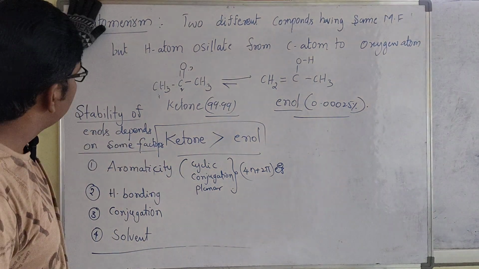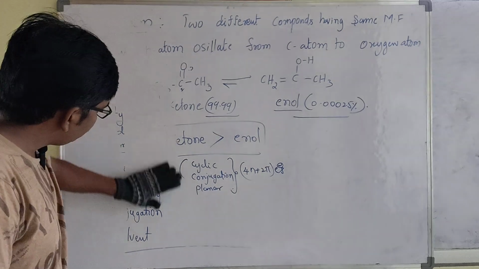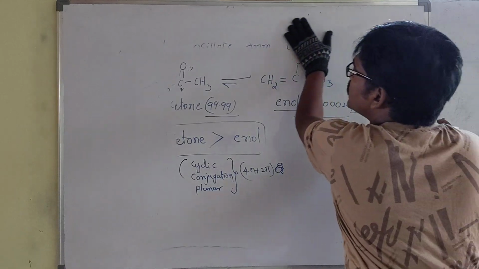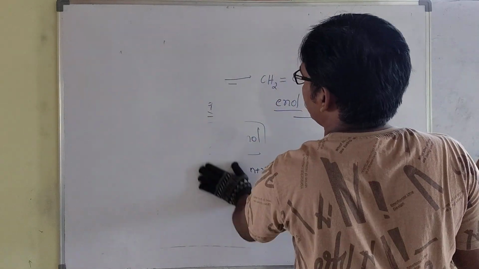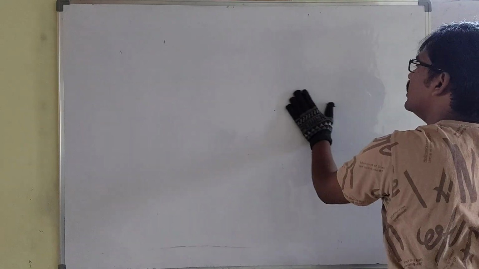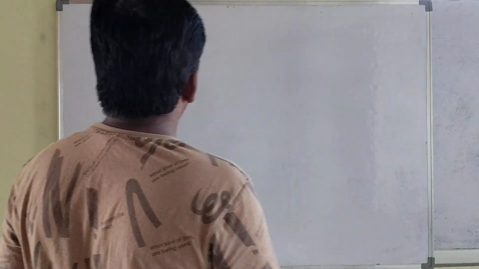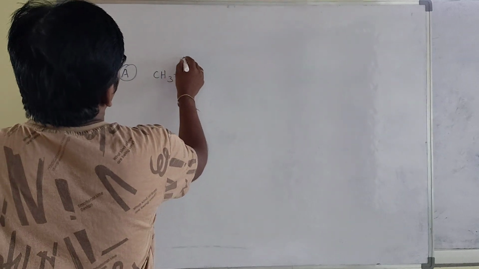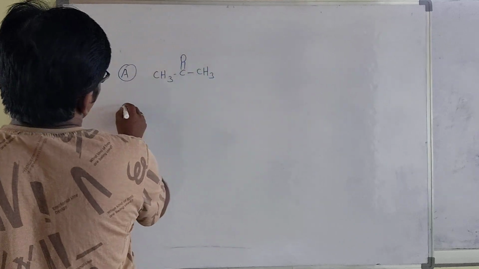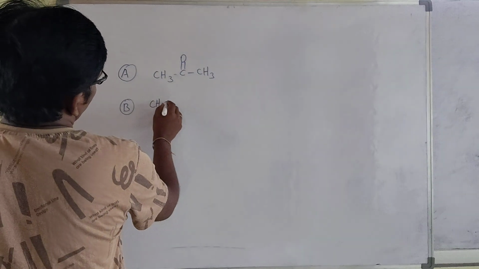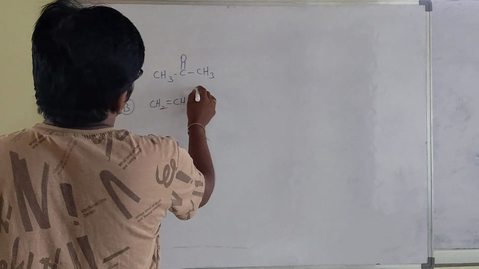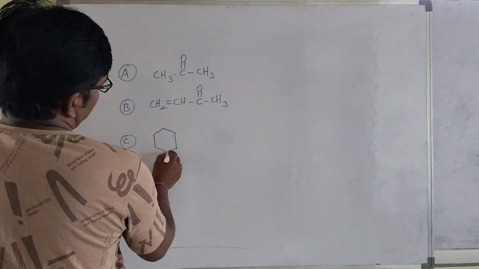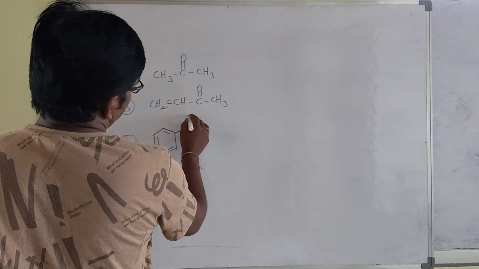See, three compounds are given. In those three compounds, which has more stable enol content? They are asking the question. For example, CH3, C double bond O, CH3. Then one more, CH2 double bond CH, C double bond O, CH3. Then one more, benzene attached with C double bond O, CH3.